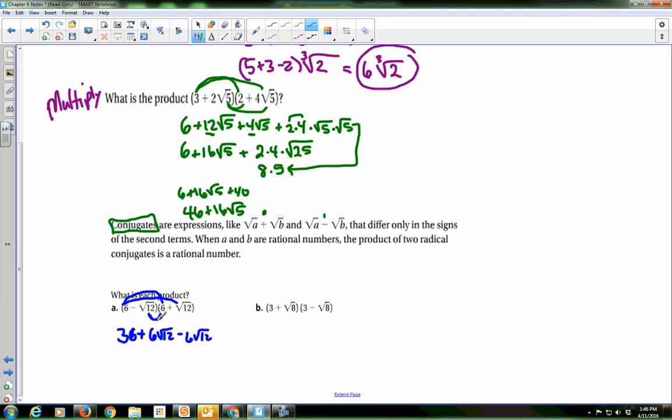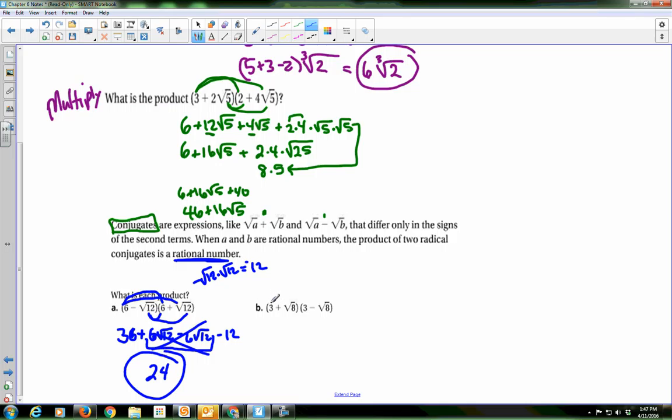And negative root 12 times negative root 12 is negative 12, because root 12 times root 12 is equal to 12. And in this case, I have a minus. All right, 6 root 12 minus 6 root 12 is 0. And I just have 36 minus 12, which is 24. So what happened was I got a rational number. The square roots, because one's positive and one's negative, they cancel each other out.